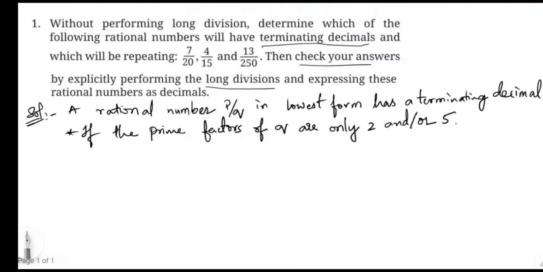If we are having 2 and 5 as factors of the denominator, or any one of these, then the given number will be a terminating decimal.